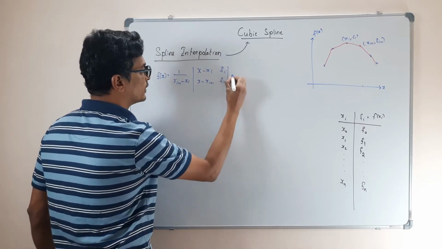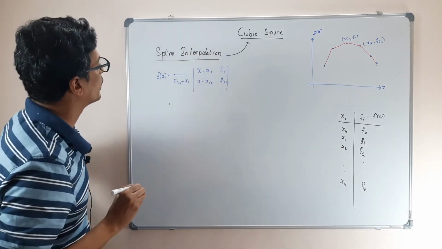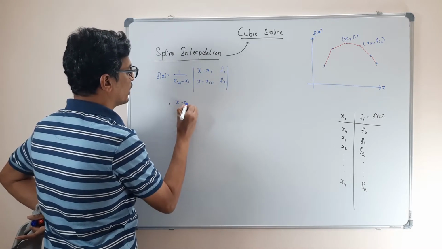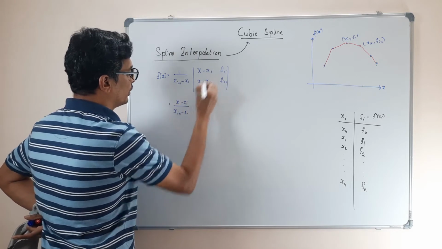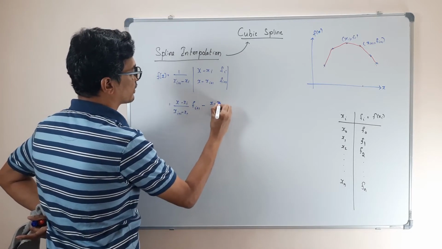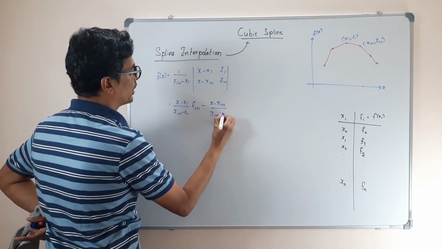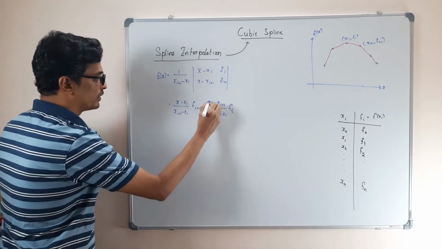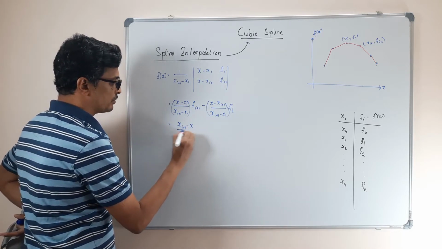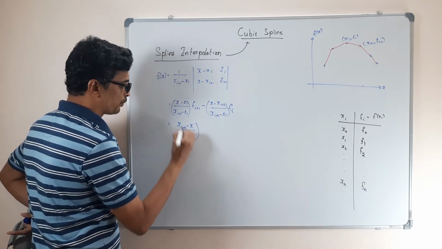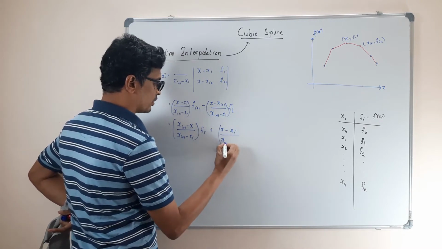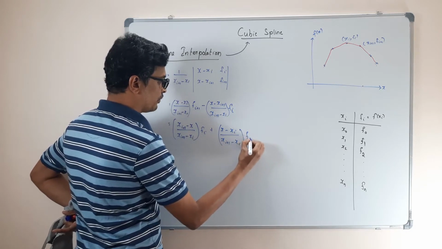This can be written as x minus xi divided by xi plus 1 minus xi into fi plus 1, minus x minus xi plus 1 divided by xi plus 1 minus xi into fi. Taking the minus inside, this can be written as xi plus 1 minus x divided by xi plus 1 minus xi of fi, plus x minus xi divided by xi plus 1 minus xi of fi plus 1.